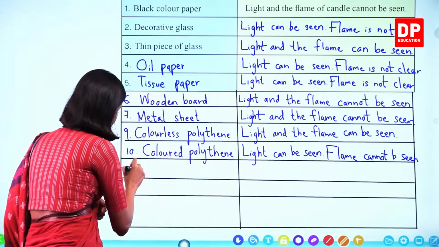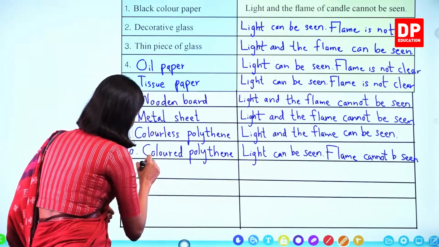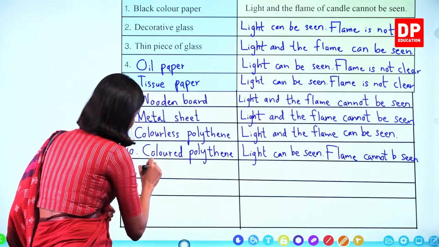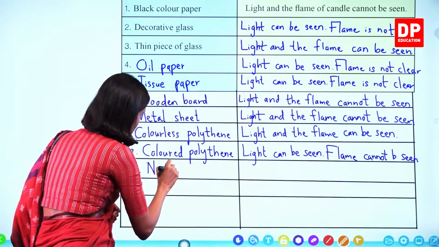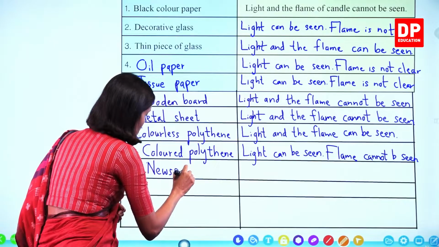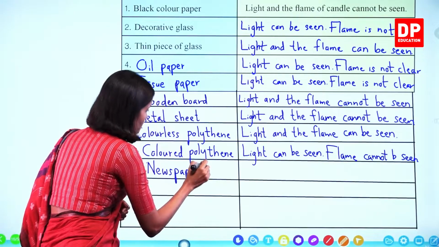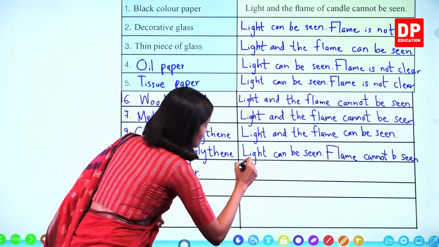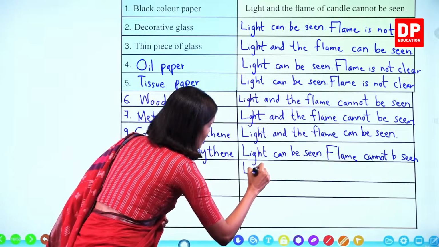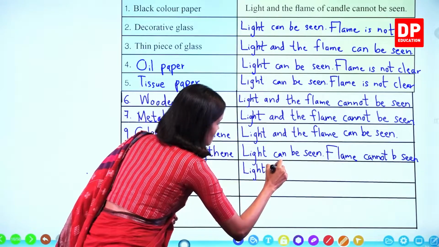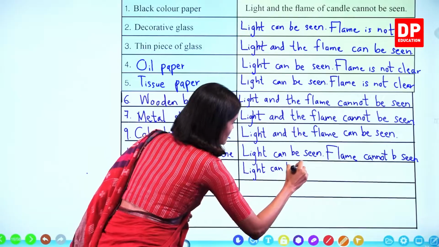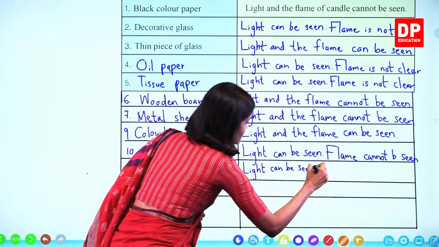Number 7. Piece of newspaper. We'll write newspaper. Light can be seen, but slightly.